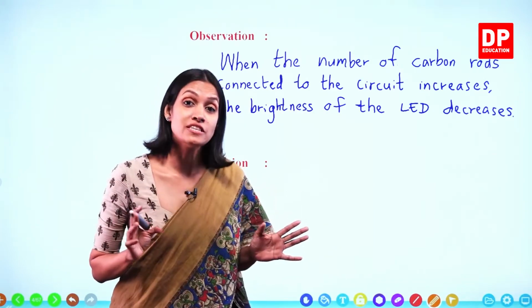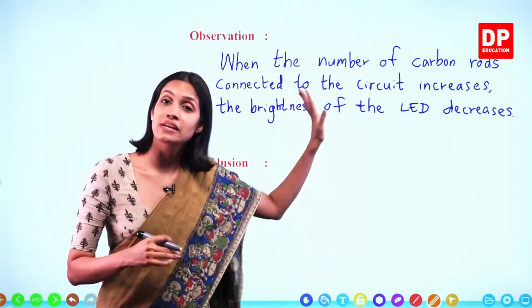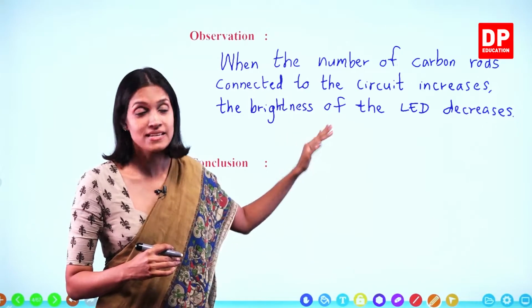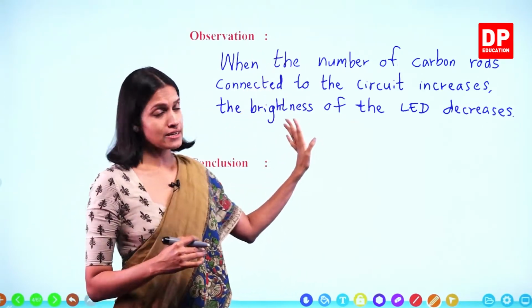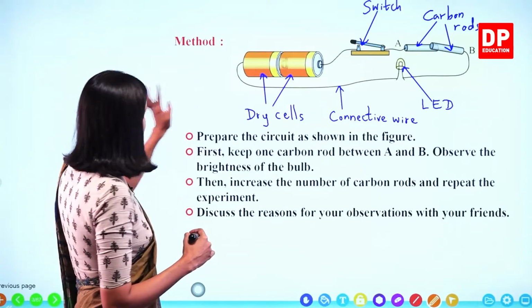Right? Which means when the length of the circuit or when the length of the conductors increases, the brightness of the bulb decreases. Okay? We'll go back.